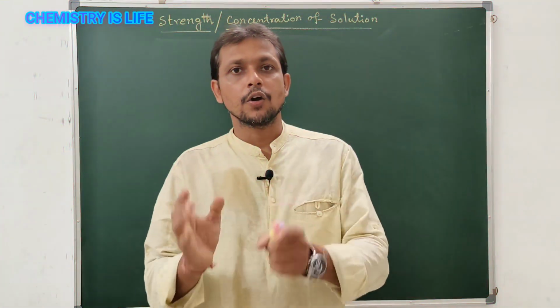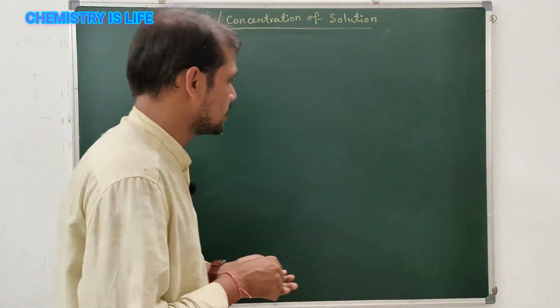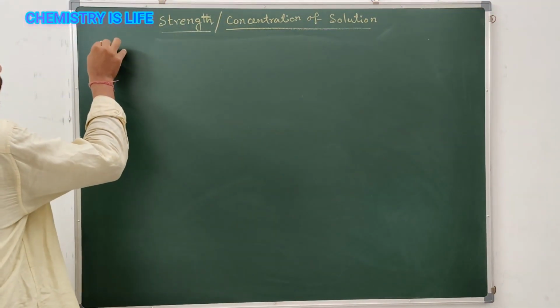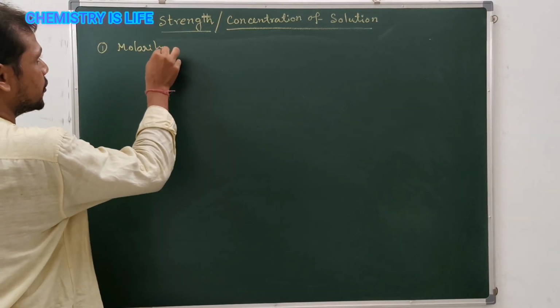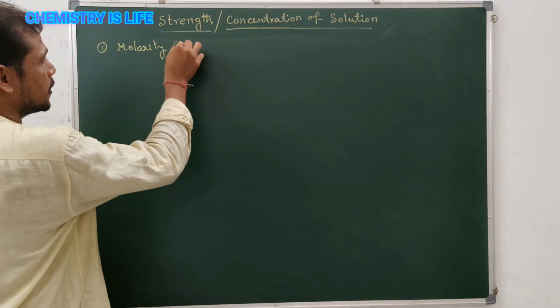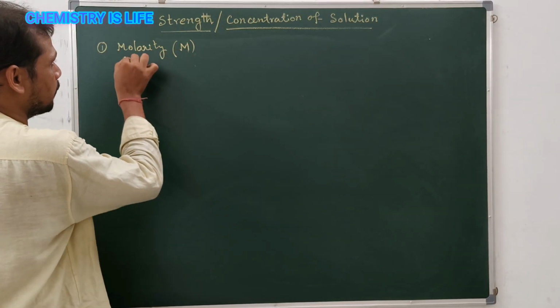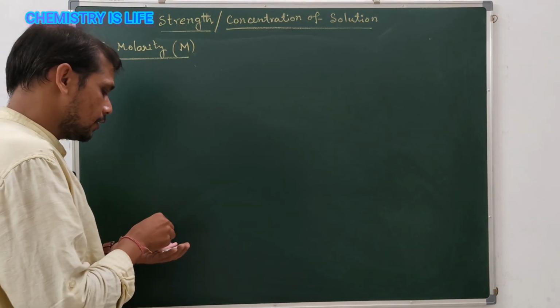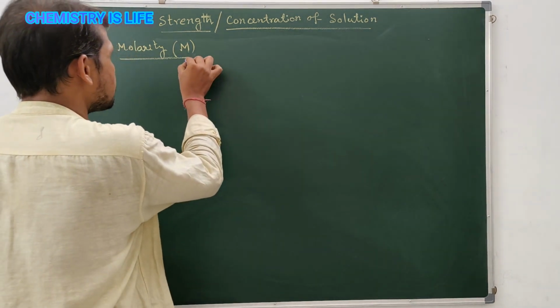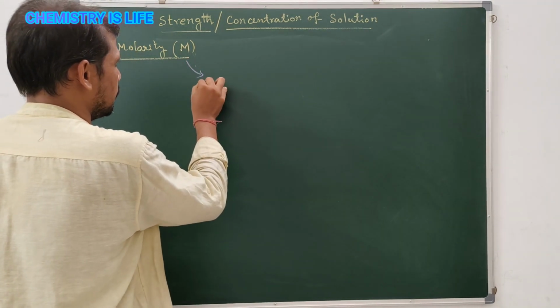Now we come to the concentration terms, and very first it is molarity, and this is represented by capital M. So what is molarity? Molarity means the number of moles of solute.